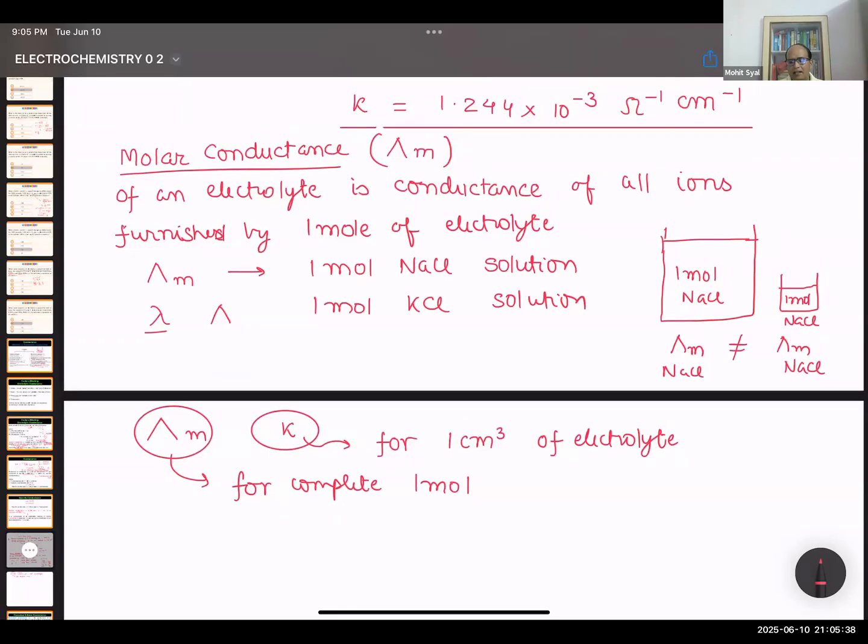Okay. Look at the figure over here. Very simple. This complete 1 mole has a molar conductance of lambda. Got it?